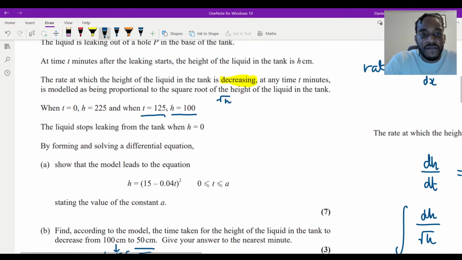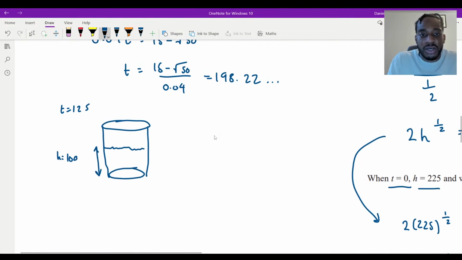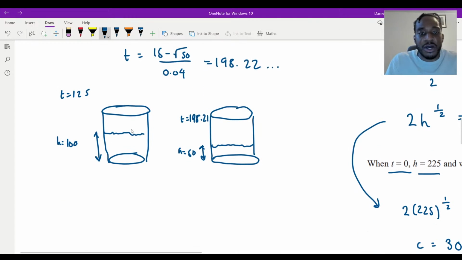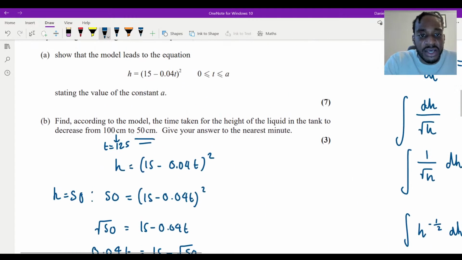Then later on, we've got the same cylinder and the height has decreased to 50, half of it. H is equal to 50, and this is 198.2 seconds.